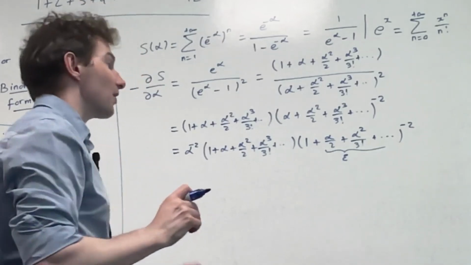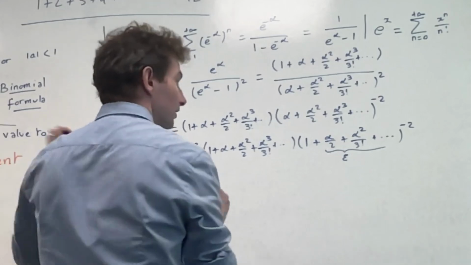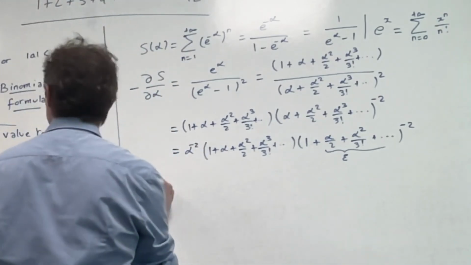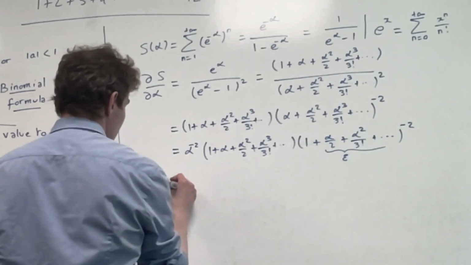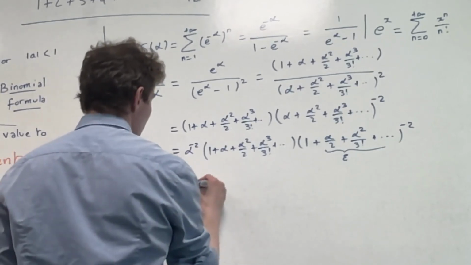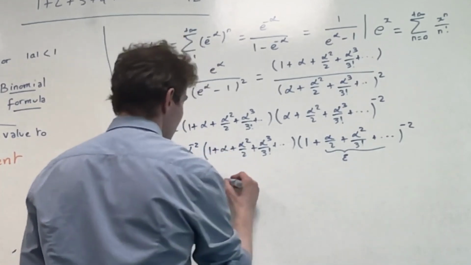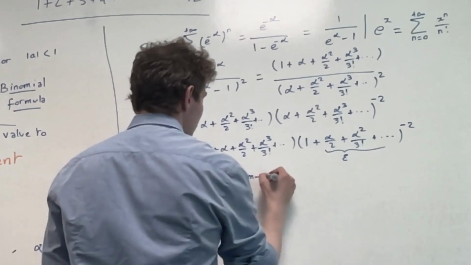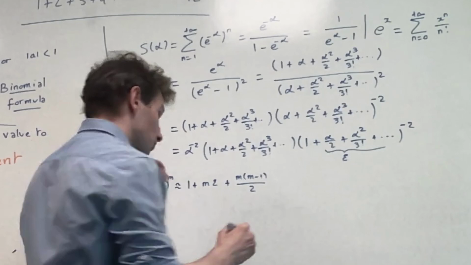Okay? Then from the formula I've got here, if I truncate it, I get the following. So 1 plus epsilon to the power m is approximately equal to 1 plus m epsilon plus m times m minus 1 divided by 2 epsilon squared.